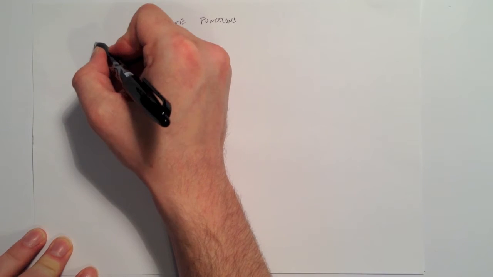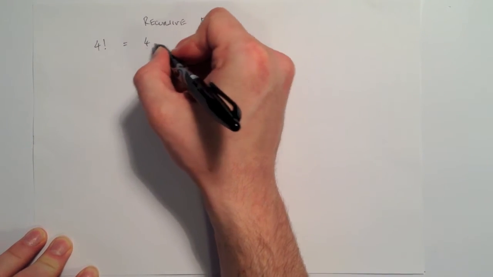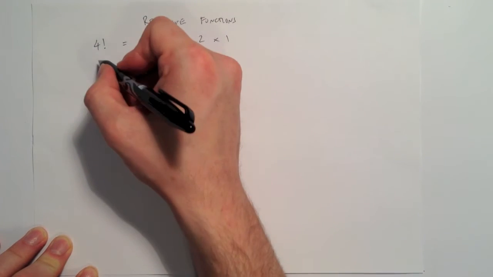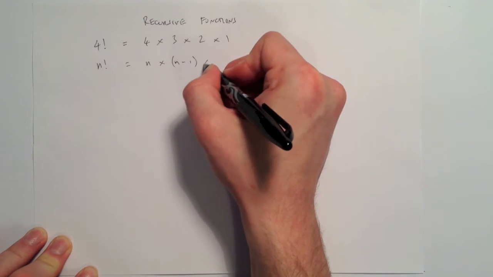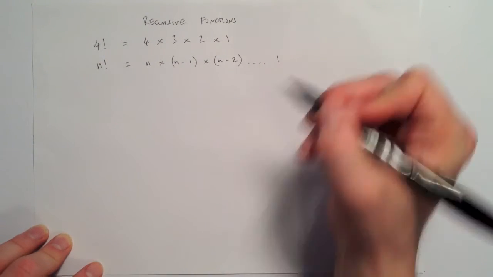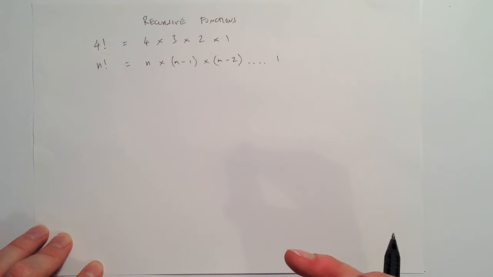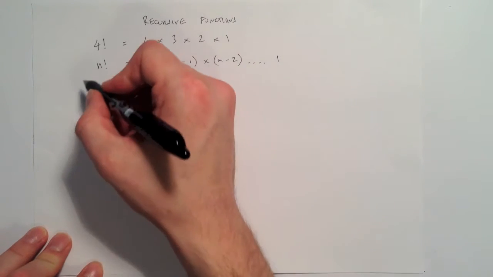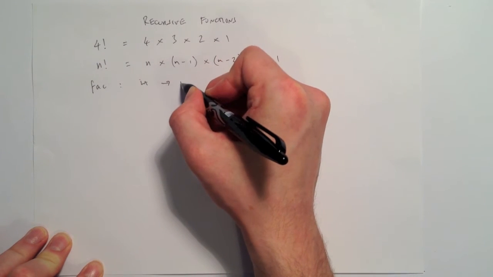The factorial of a number, so 4 factorial, as we know, is equal to 4 times 3 times 2 times 1. Or more generally, n factorial is equal to n times n minus 1 times n minus 2 dot dot dot 1. How can we express that as a function? It's a simple enough function in theory. An integer comes in, an integer goes out, so it should have type int goes to int.